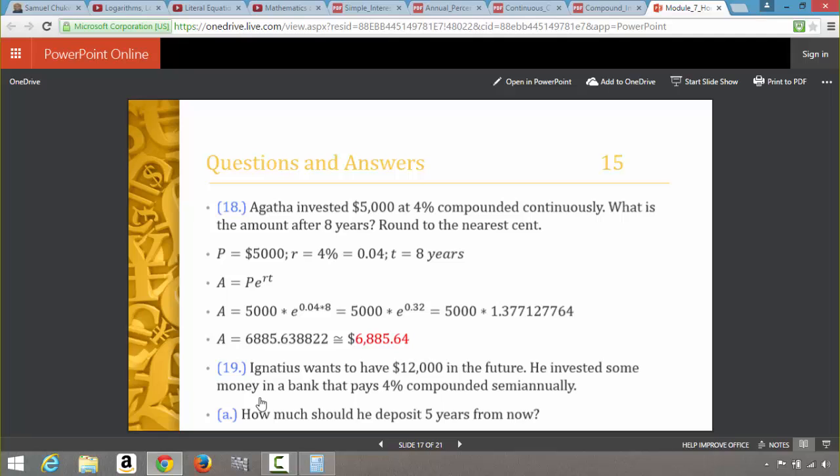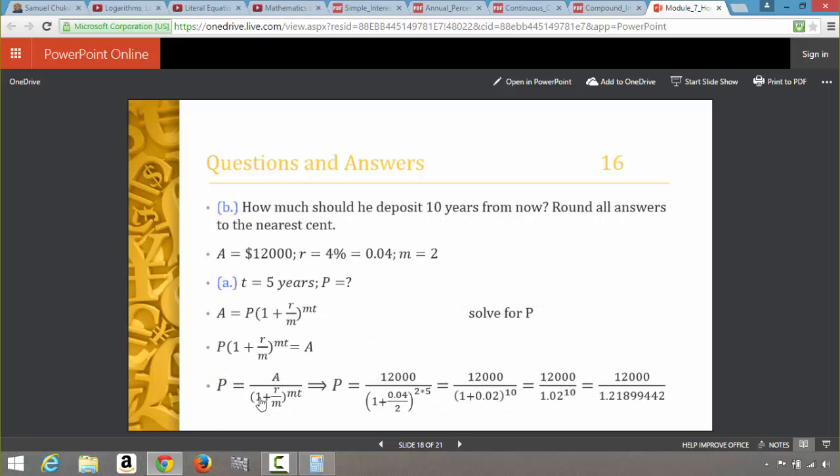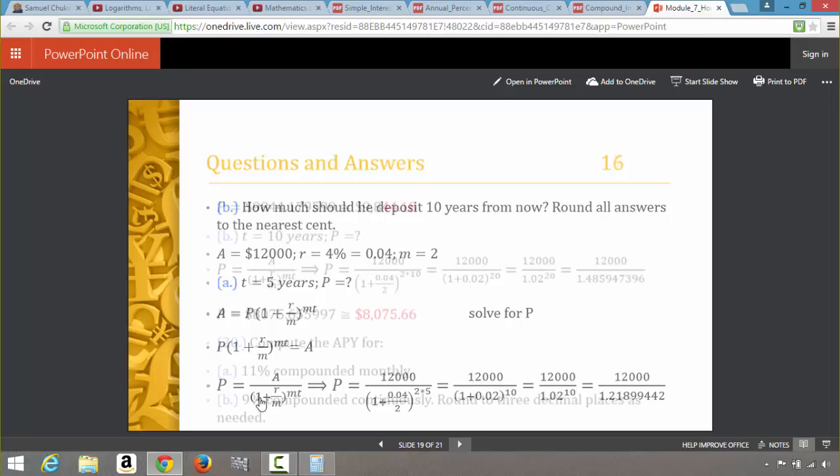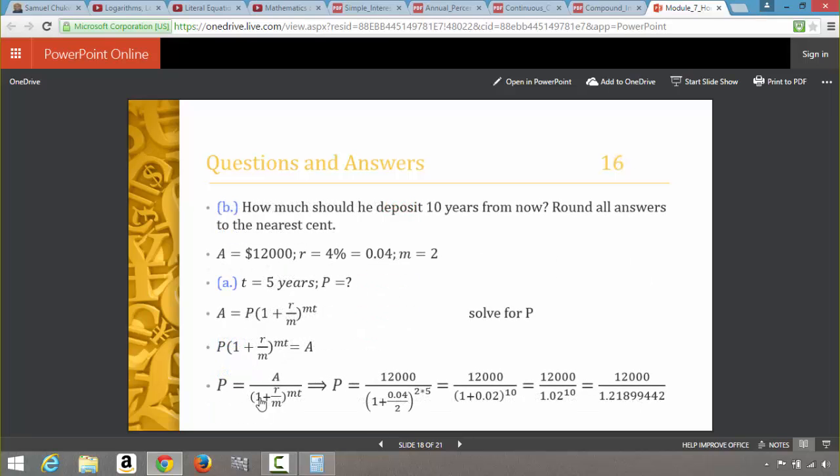So how much should he deposit 5 years from now, which is the present value or the principal? So you have to use the compound interest formula, but you have to solve for the principal. And when you do that, 5 years from now means that T is 5. So you find the principal.